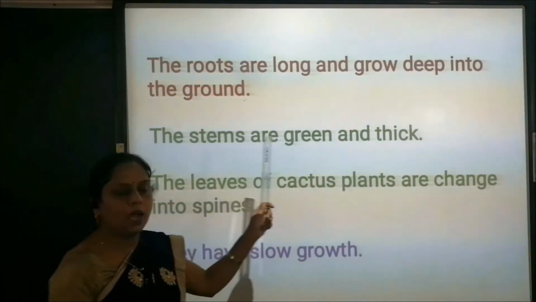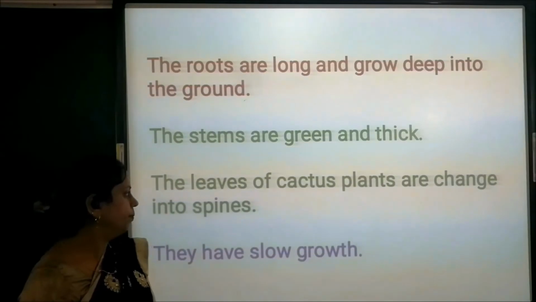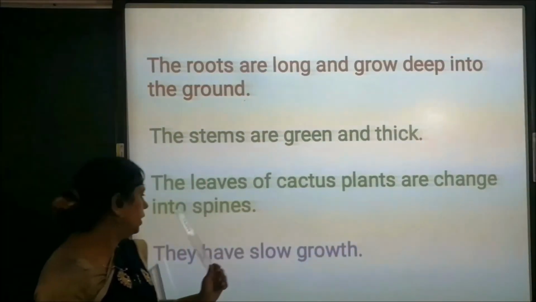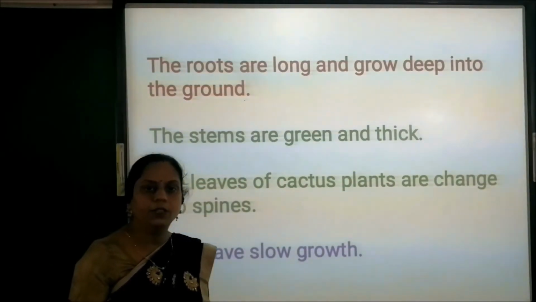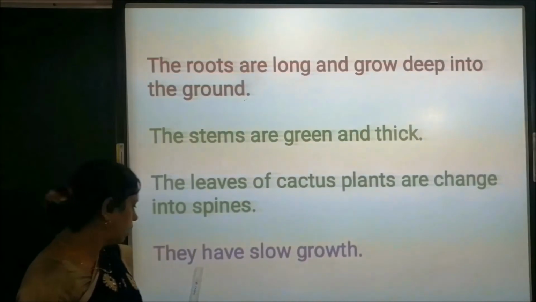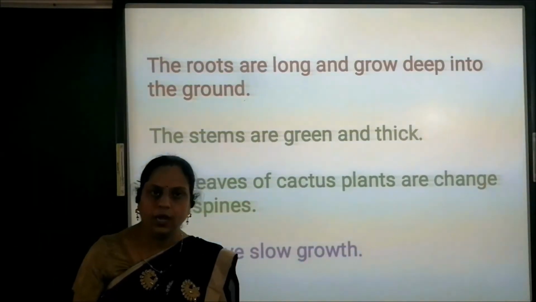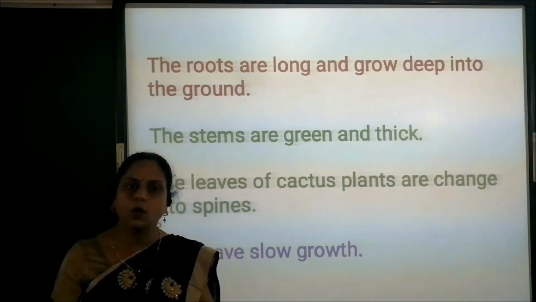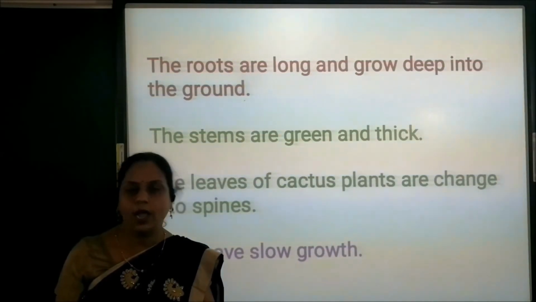The stems are green and thick. The leaves of cactus plants are changed into spines. These spines prevent the loss of water. They have slow growth. As I told you, they have slow growth, so they do not require much water and food.